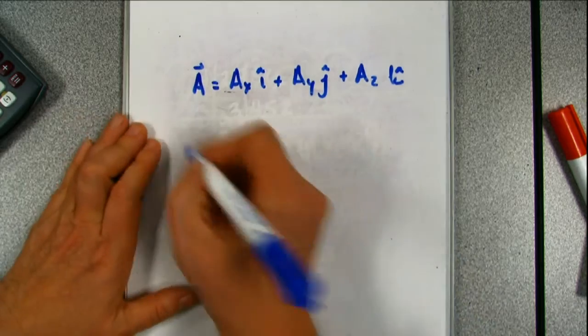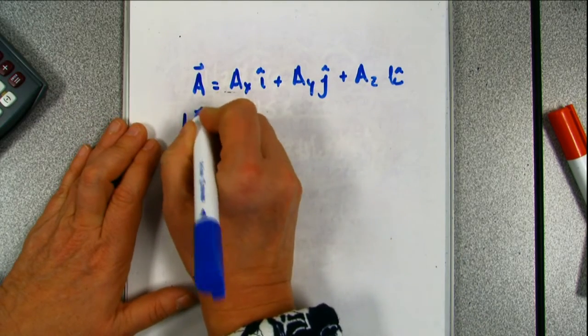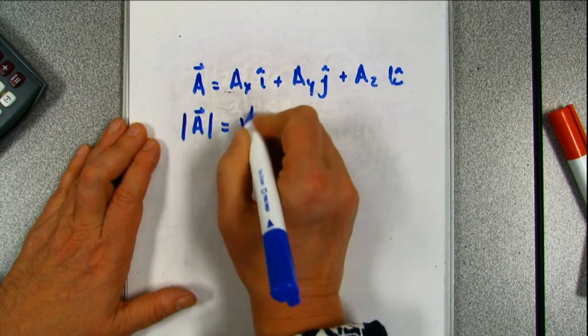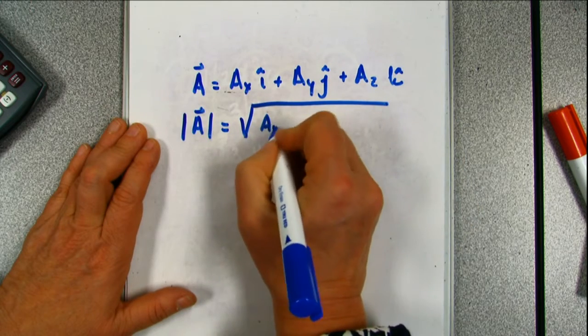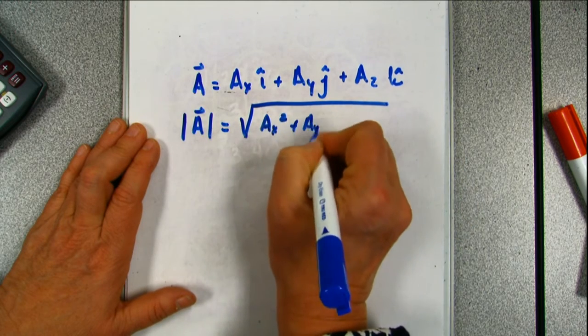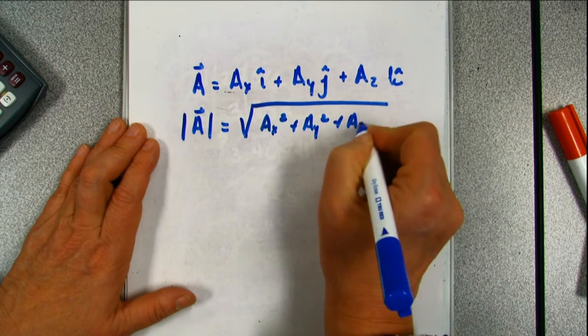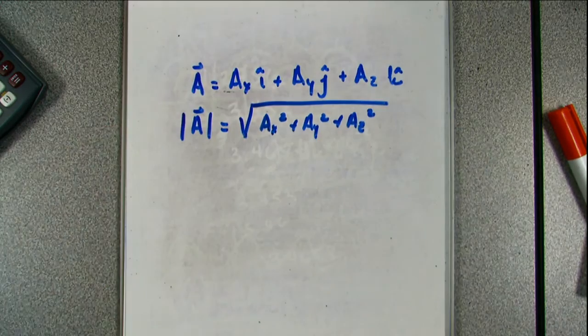We know the magnitude of this is going to be the square root of AX squared plus AY squared plus AZ squared. But then it gets fun when we're dealing with those angles.